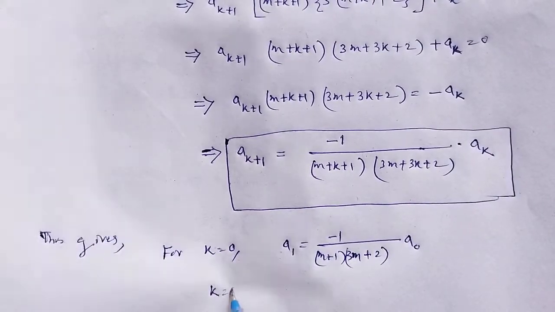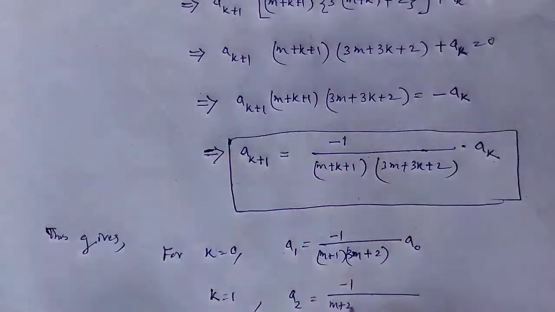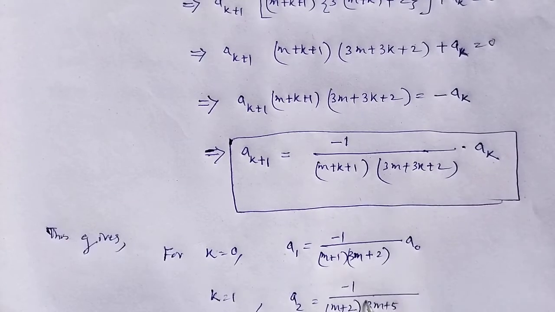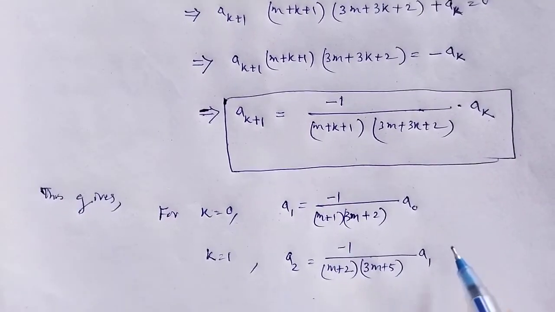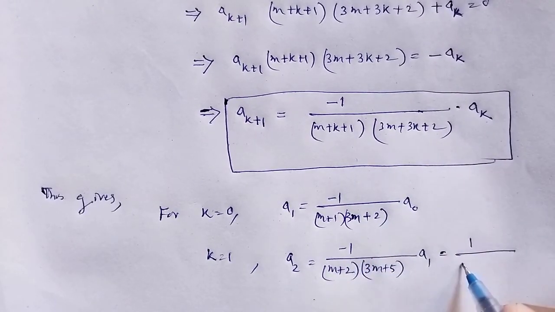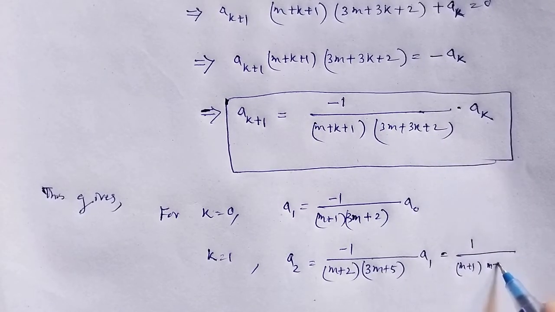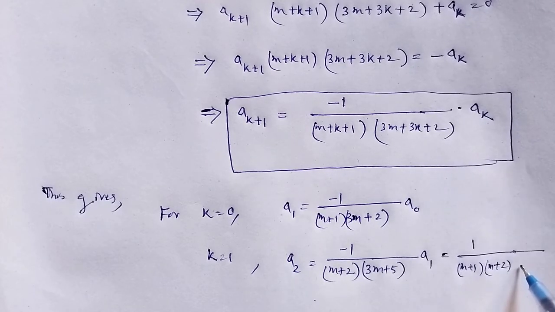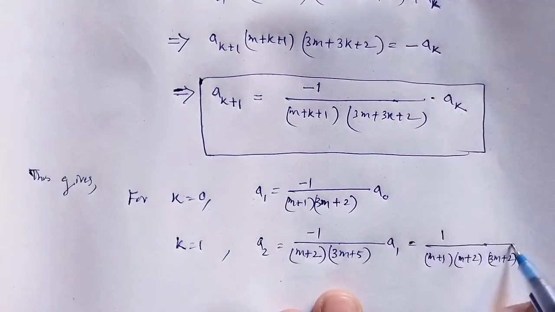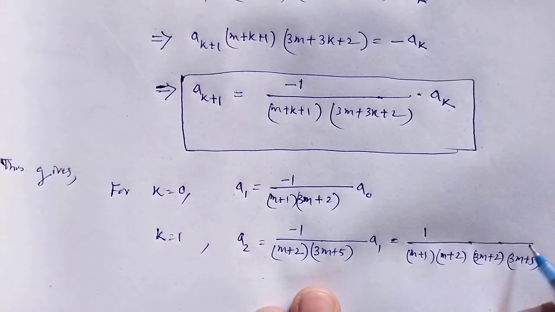For k equal to 1, that is, a₂ is equal to −1 divided by (m+2)(3m+5) a₁. Now again putting the value of a₁ here, that is 1 divided by (m+1)(m+2)(3m+2)(3m+5) into a₀.